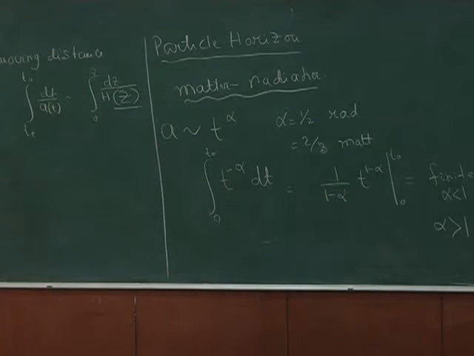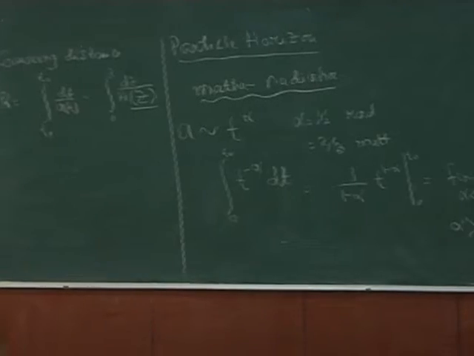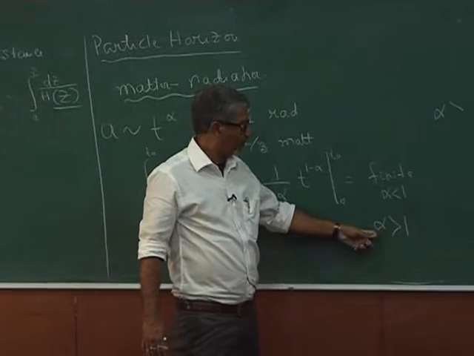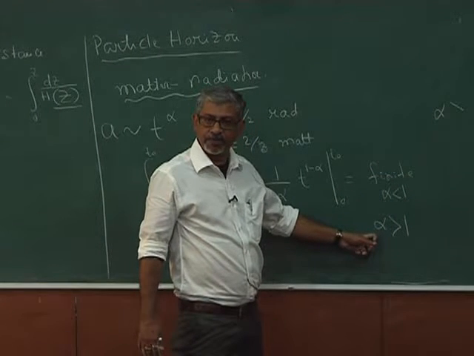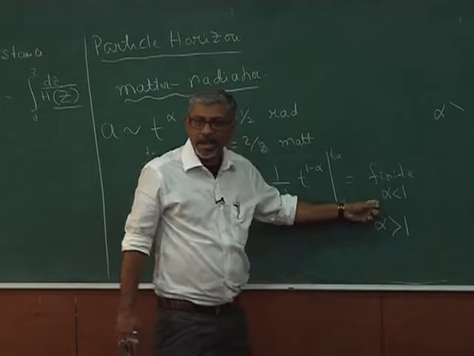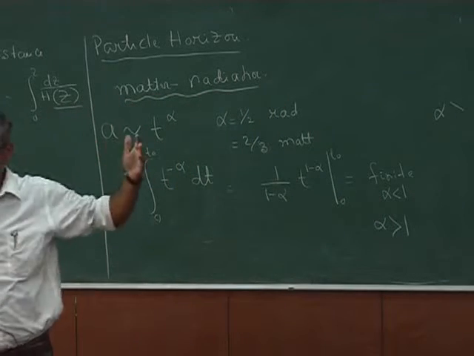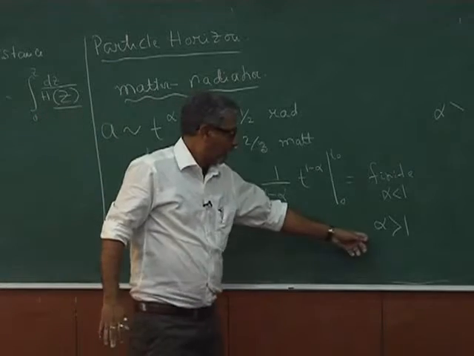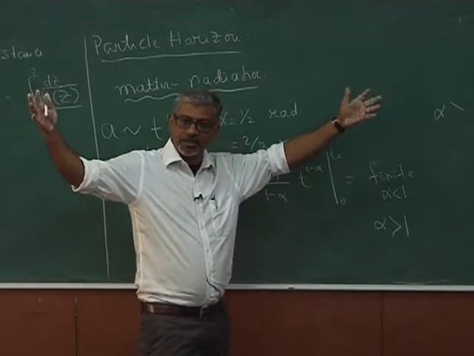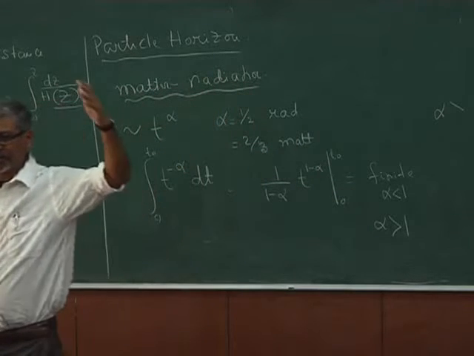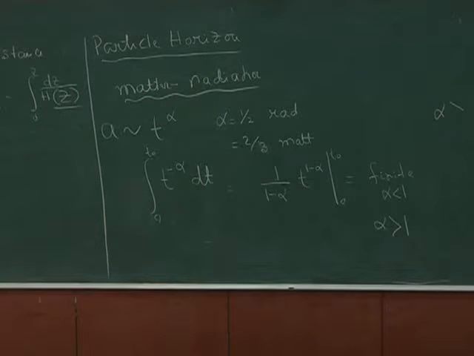So the region that we have at our disposal from where I can get a light signal, for alpha less than 1 this region is finite, for alpha greater than 1 this region is infinite, fine. So for this case I have a finite region from where I can receive signal from the past, and for this case I have an infinite region from where I can get it. So in that sense I have a horizon, because I have a finite place from where only I can get the signal from the past, fine.